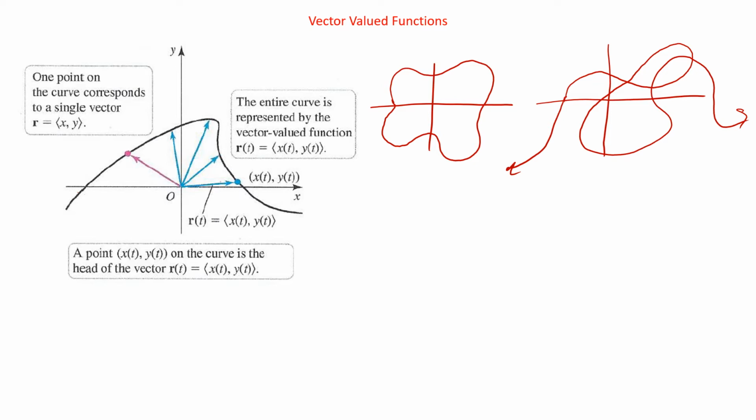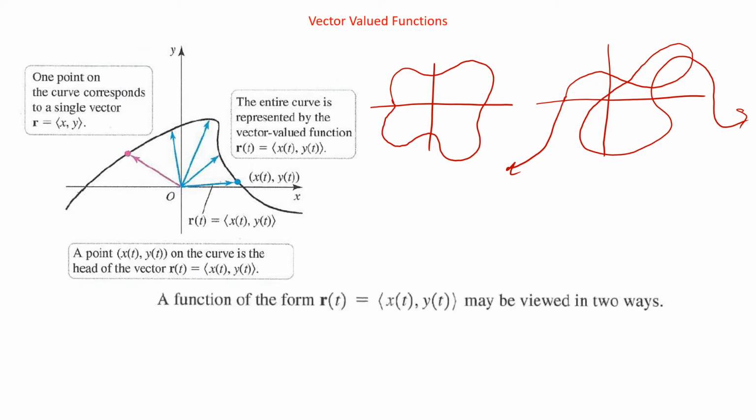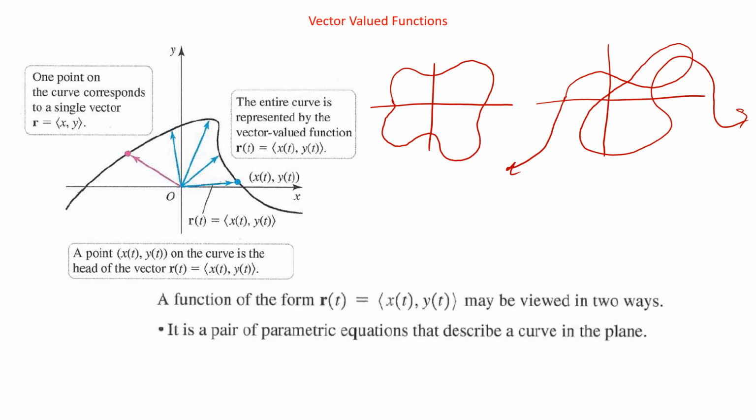So as we're looking at these vector functions, there's really two ways we can be looking at them. The first way is as a parametric equation, because we have x of t and y of t. So we have these two equations that are just going in to form a vector.